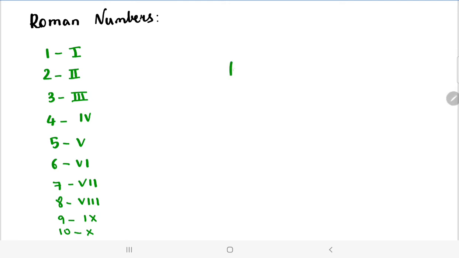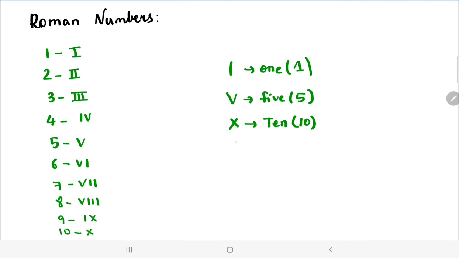If I put a line like this, this line represents 1. If I put a V symbol, something like this, then it will represent 5. If I put an X symbol, then it represents 10. If I write L, then it represents 50.